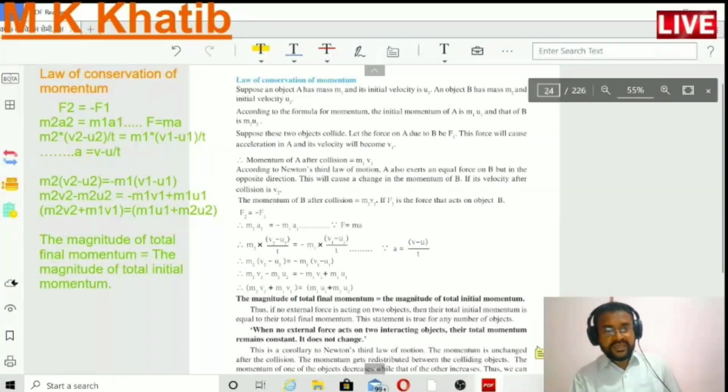Here a means acceleration, and it is converted into its equation, that is, final velocity minus initial velocity upon t. So the equation becomes m2 into (v2 minus u2) upon t is equal to minus m1 into (v1 minus u1) upon t.